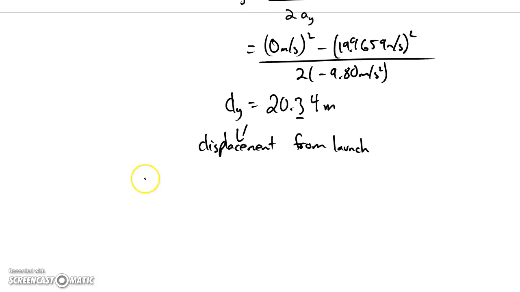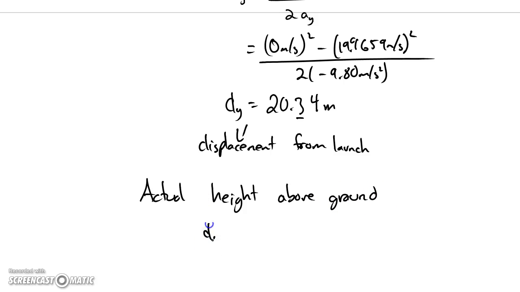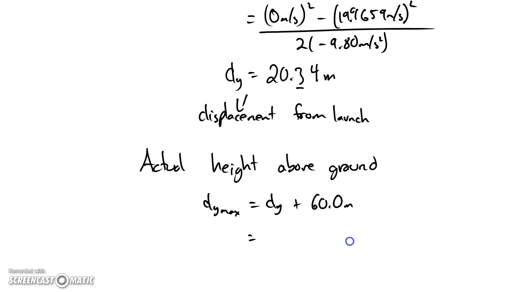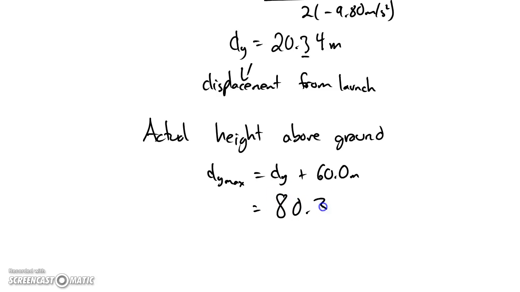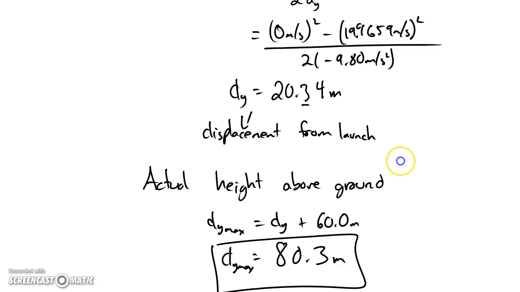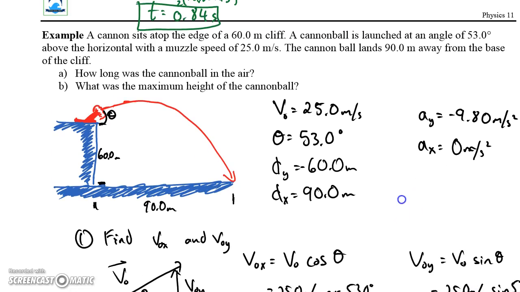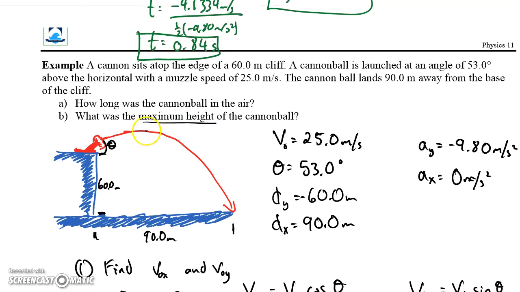So our actual height above ground, dy max, would be equal to dy plus 60.0 meters, which will give us a final answer of 80.3 meters for dy max. So always make sure you're answering the question. The maximum height was over here, which is this total height. Make sure you're taking a look at all the details of the questions.